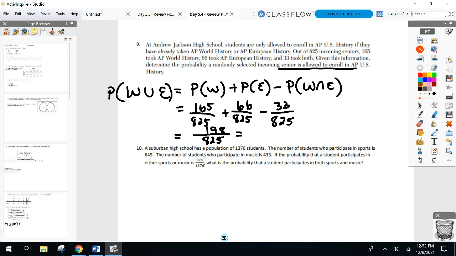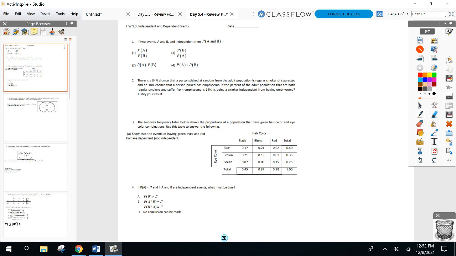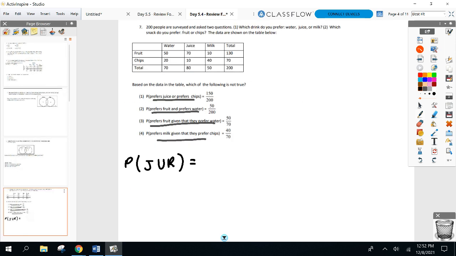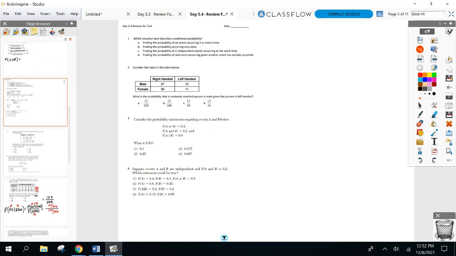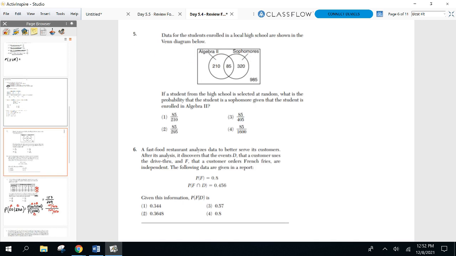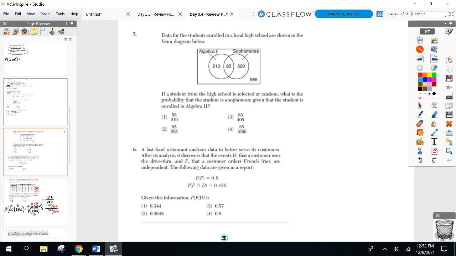All those given problems we've done are called conditional probability. Conditional probability is finding the givens. I'm not going to be quizzing you on vocab tomorrow. Number 6. We didn't do 6.